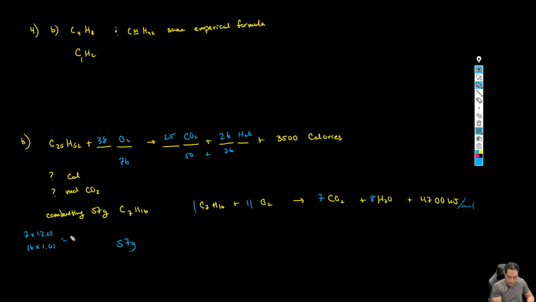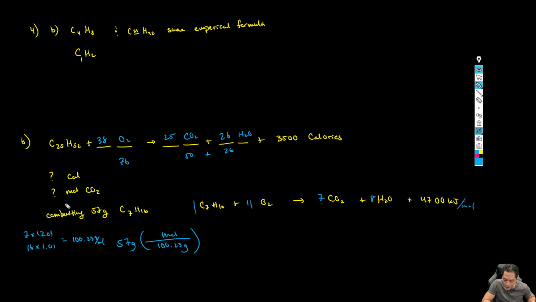So 7 times 12 plus 16.16, that will give me 100.23 grams per mole. 57 grams, let me make sure I got that right. So I'm going to have 100.23 grams on the bottom, mole on top, and that will give me my moles.